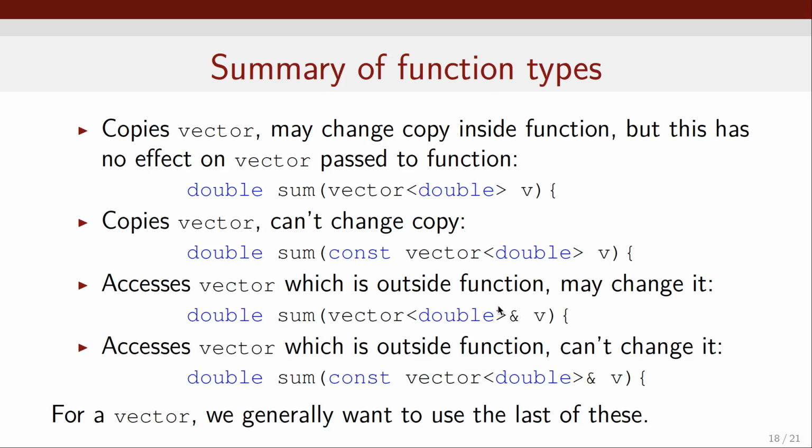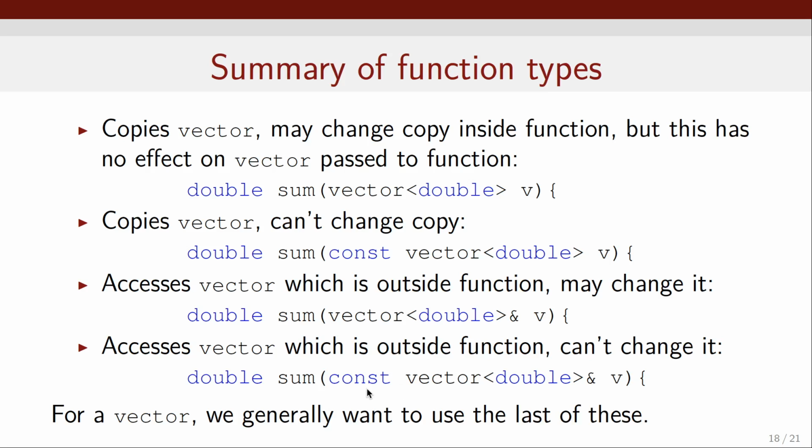And it may change this vector v by accessing it directly. This function, on the other hand, sum constant vector double address of v, again accesses the vector which is outside the function directly from the memory, but it cannot change it because we have declared the argument here to be constant.